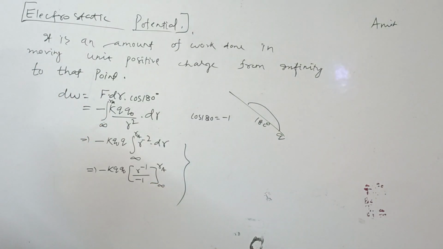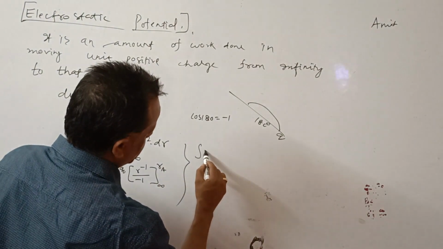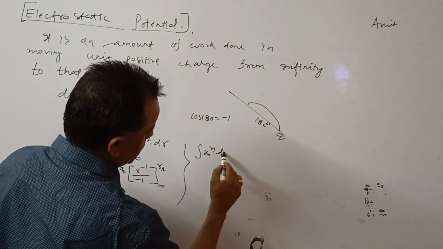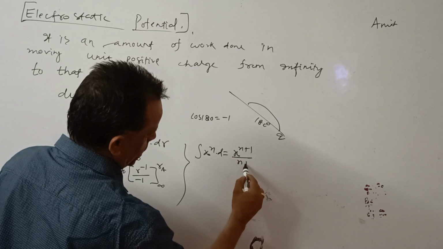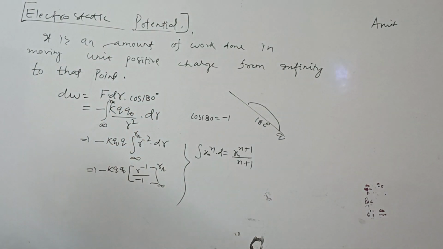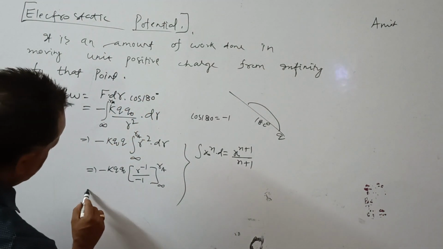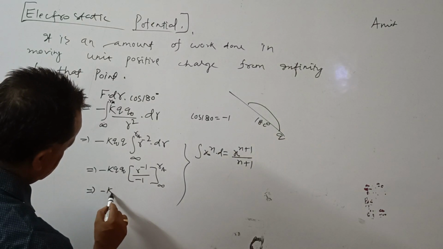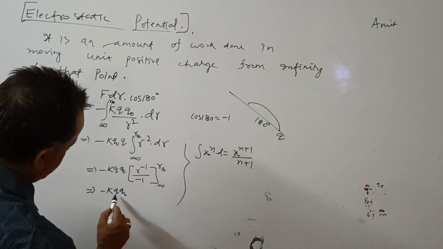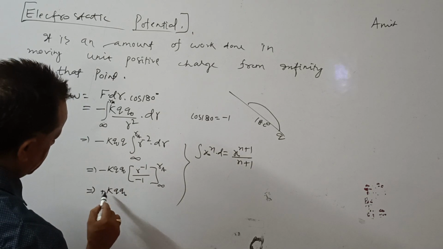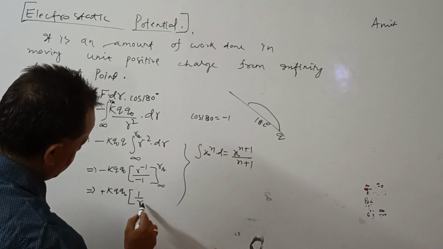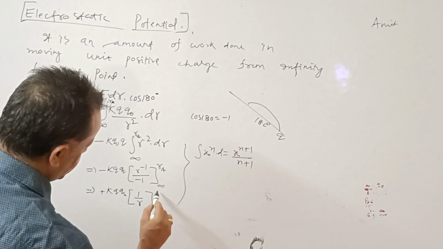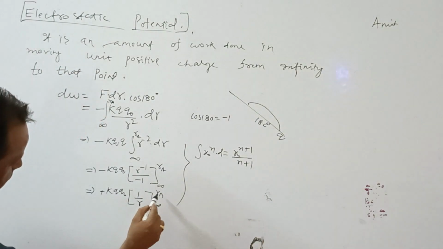Here we have utilized the formula of integration, that is x to the power n integrates to x to the power n plus 1 upon n plus 1. Minus x, it becomes positive, this is 1 by R from infinity to Ra.